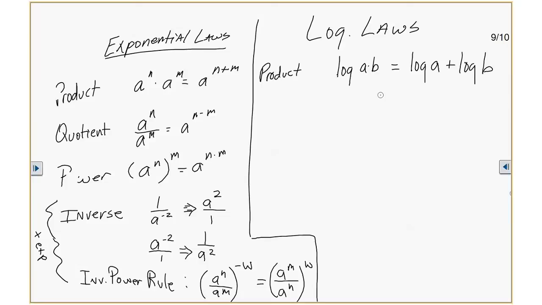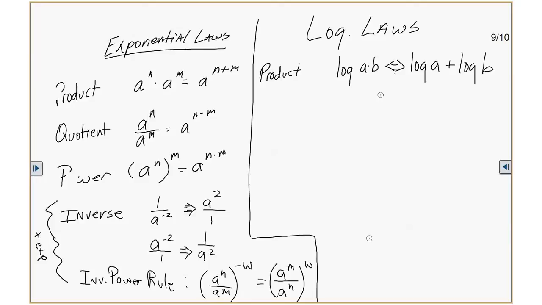In other words, if you have a logarithm with two terms multiplying, you can divide it up into addition, and vice versa. If you have addition of two separate logarithms, you can combine them as a multiplication, a product.